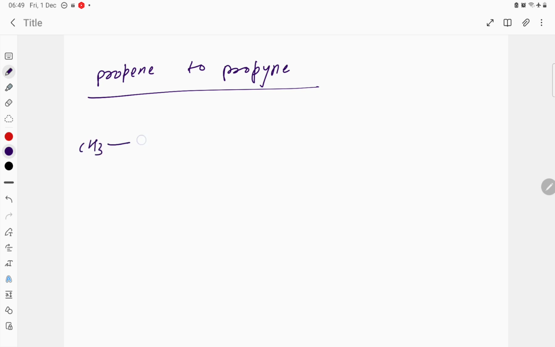Dear student, what is propene? This is CH3CH=CH2. Now what we need to do, student, first of all, you treat with Br2 in carbon tetrachloride.